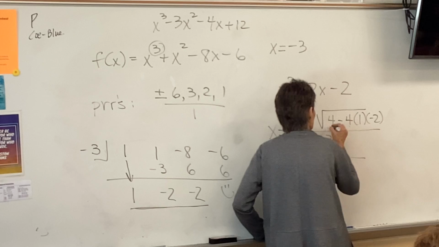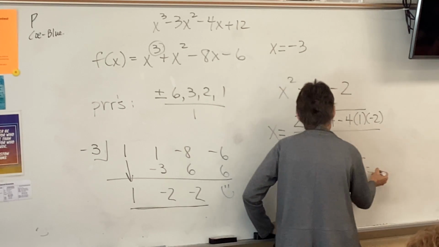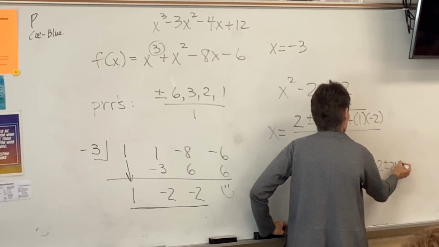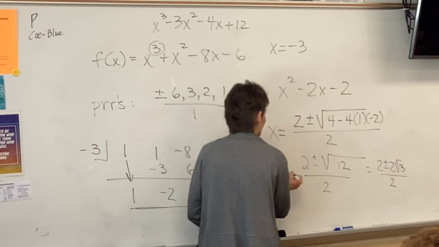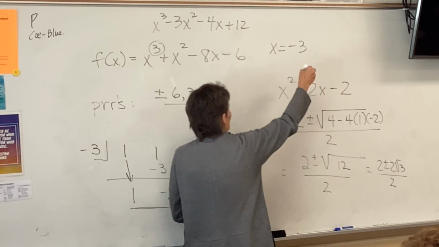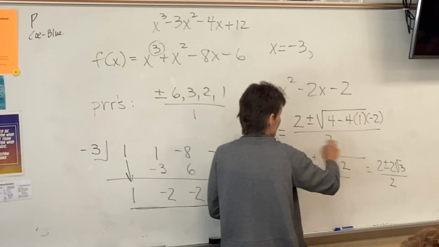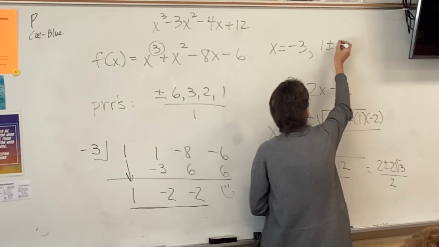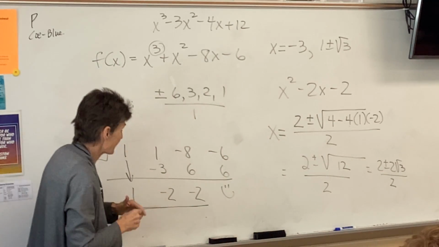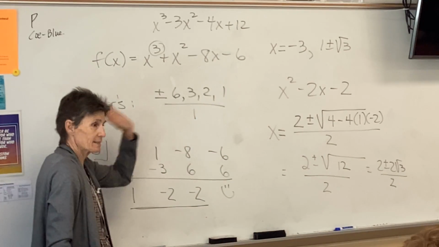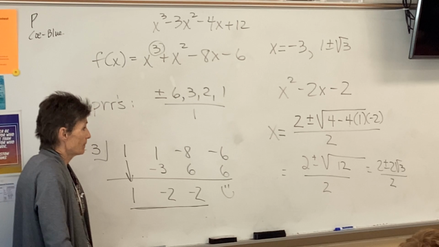Is that 8 plus 4? So 2 plus or minus 2 root 3 over 2. I have to take a 2 out. 1 plus or minus root 3. Now take a second and catch up there. You know exactly what to do.